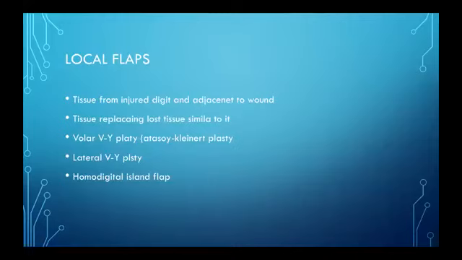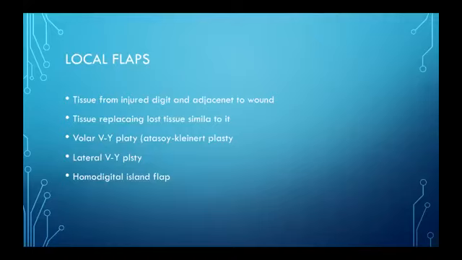Very easy to fashion. Then of course its variations, such as the lateral VY plasty, where you release skin from either side of the finger stump and advance it to cover the fingertip. Then of course the homodigital island flap.